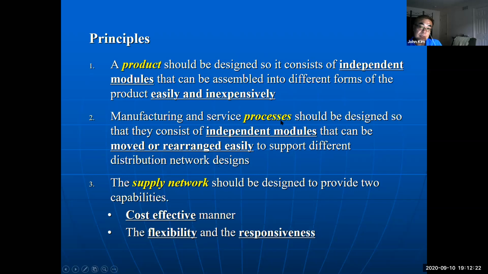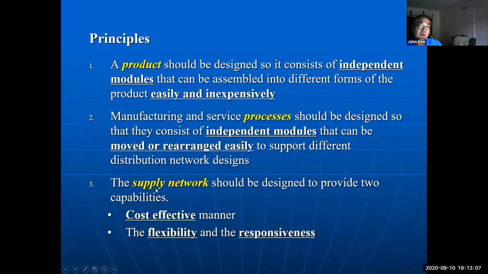And then if it is process, then using independent modules. Cellular layout. So make a cell by similar common process. So make it like a unit. Cell, and then combine, and then make one process. So using independent modules such as a cell, they can move fast and then rearrange quickly, easily. So flexibility is high.